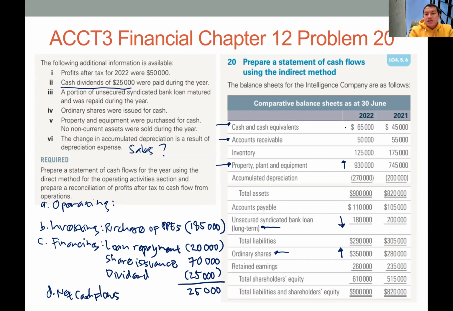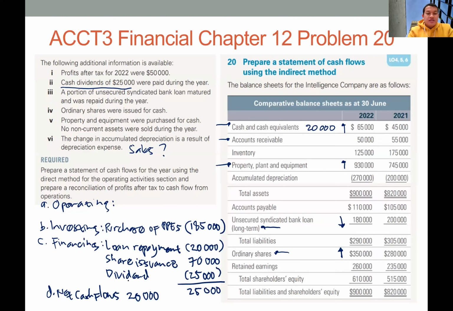You can see that the account is increasing by 20,000. So the net cash flow should be 20,000. This would be the end result if we add operating, investing, and financing cash flow.